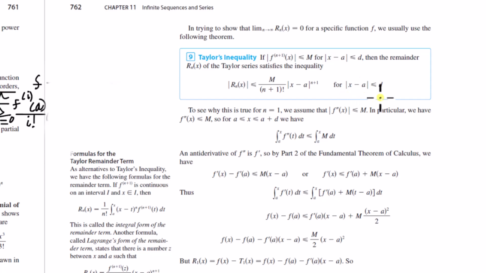Well, you can think about d as the equivalent of R, but not in the sense that it gives the valid inputs into the power series or the Taylor series, the convergent inputs, but in the sense that it specifies the inputs that pass Taylor's inequality. So those are the values of x where this inequality holds.